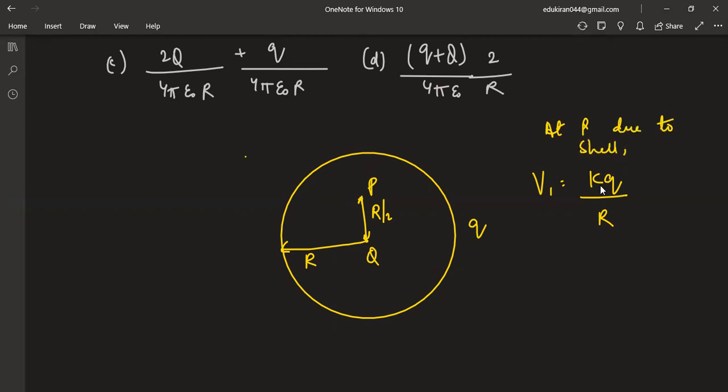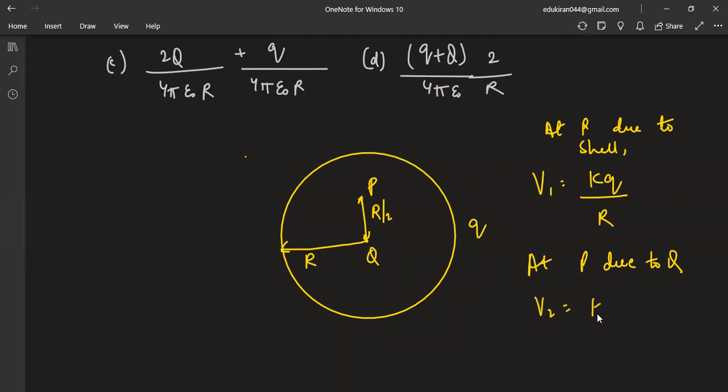Fine, the potential is KQ by R, right? And when we talk about this point P due to q, when it says q is located outside, it means this part only, in whichever language it is written. I think here is the issue where you all were getting stuck. Now I think this must be correct.